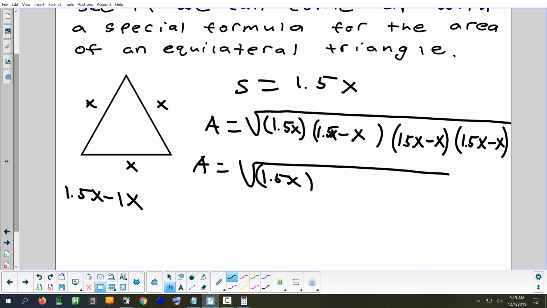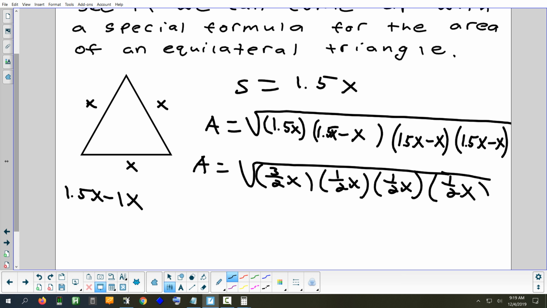Either way, I'll do it as a fraction. But if we're going to do it as fractions, we should do everything as fractions. And actually, the fraction might be easier, but 3 over 2 is 1.5. Half x, half x, half x.